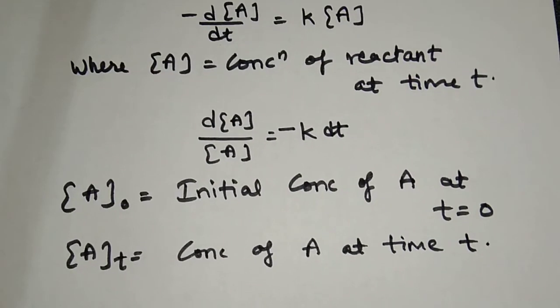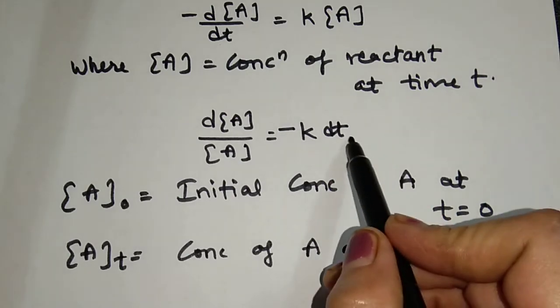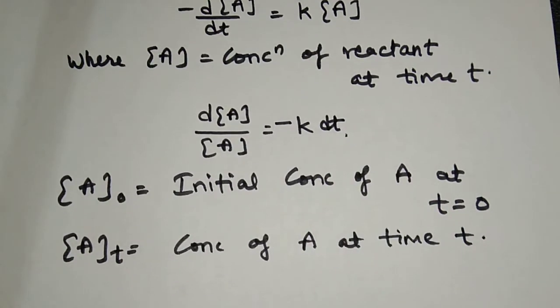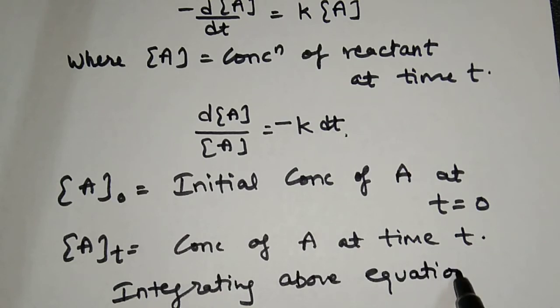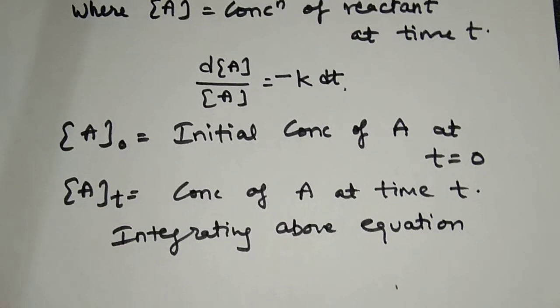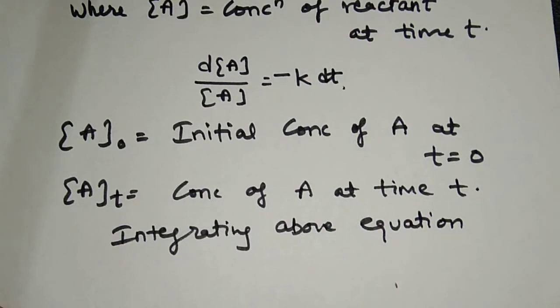Okay, now when we do integration of this equation, what we will write? Integrating the above equation on both the sides. I hope you know the sign for integration is like this.